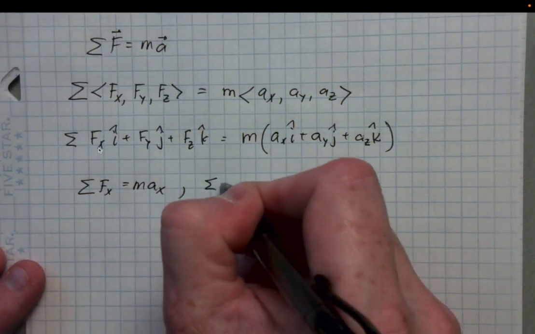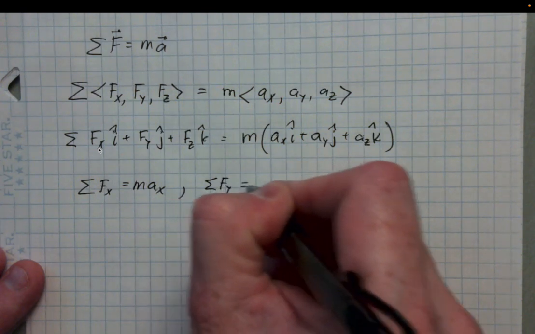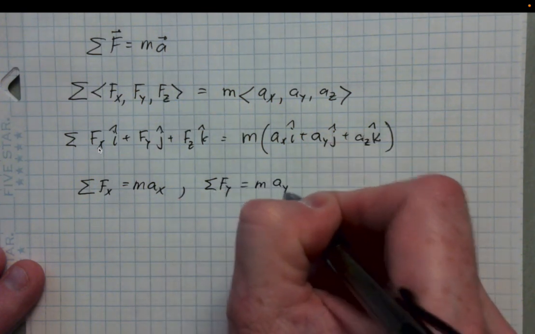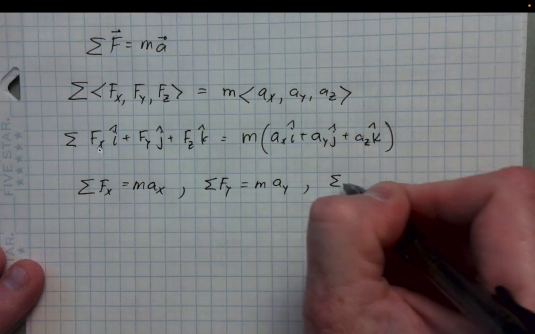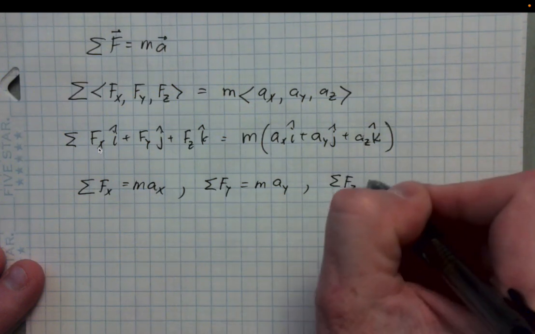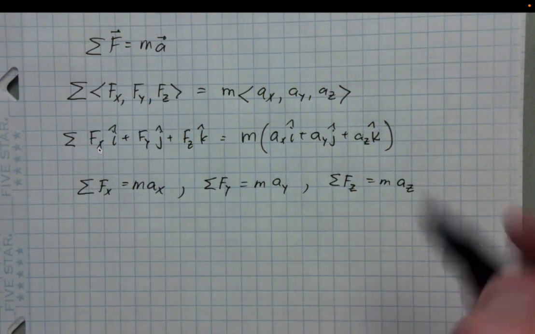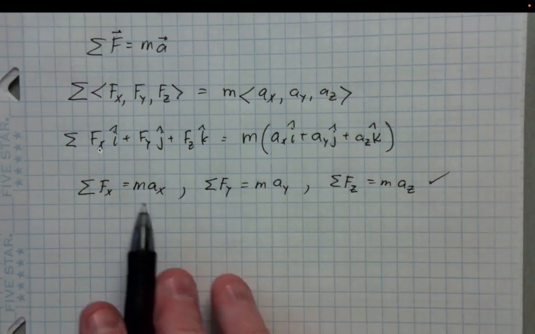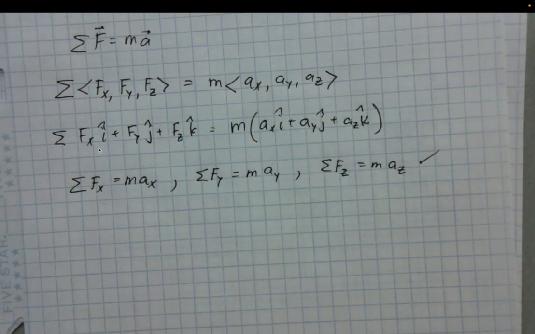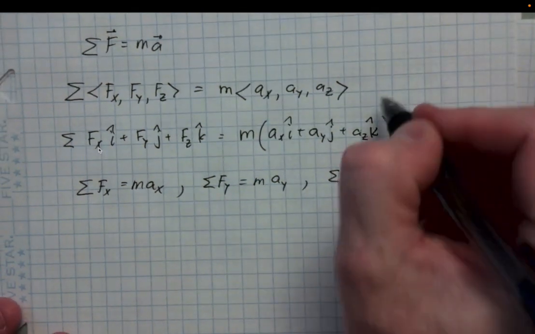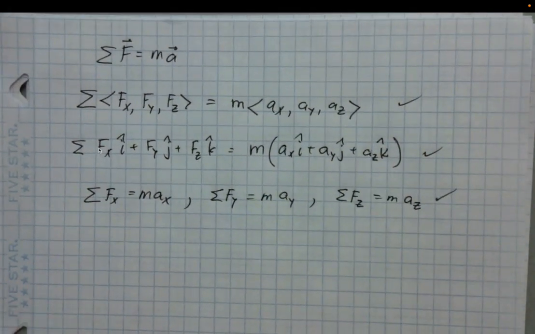The sum of the forces in the y direction will be equal to the mass times the acceleration in the y direction, and the sum of the forces in the z direction will be equal to the mass times the acceleration in the z direction. And so very often you can think of it in the context of the three separated out, right? But sometimes you can't, and in those cases these other notations are super helpful.